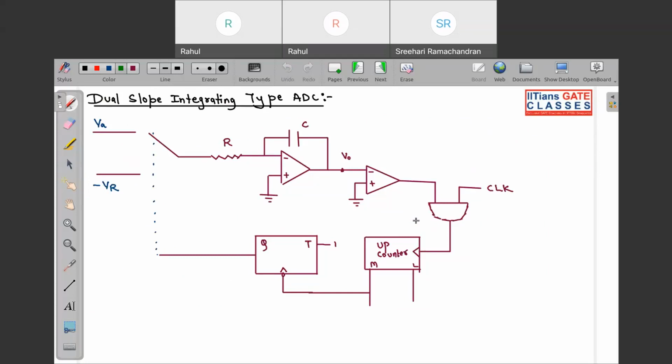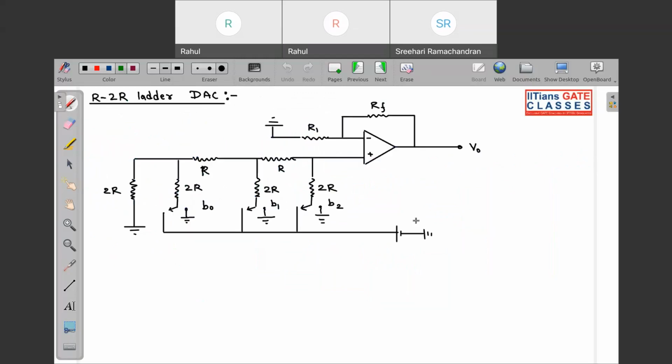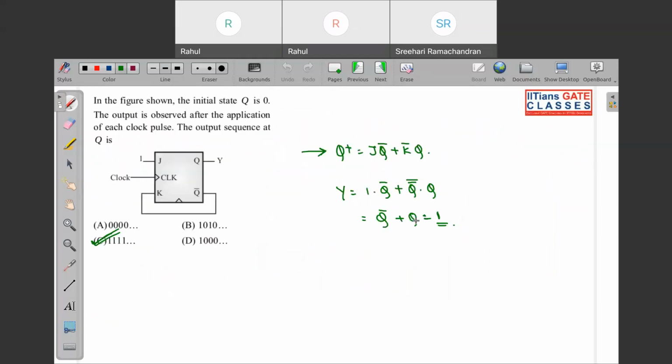If you see the previous HAL questions, the memory-based questions we have from different sources, theoretical questions have basically been asked, like what is the fastest ADC, or which ADC has the least error. So all those things have been asked. I will still try to make you understand the working of each circuit along with all the points.